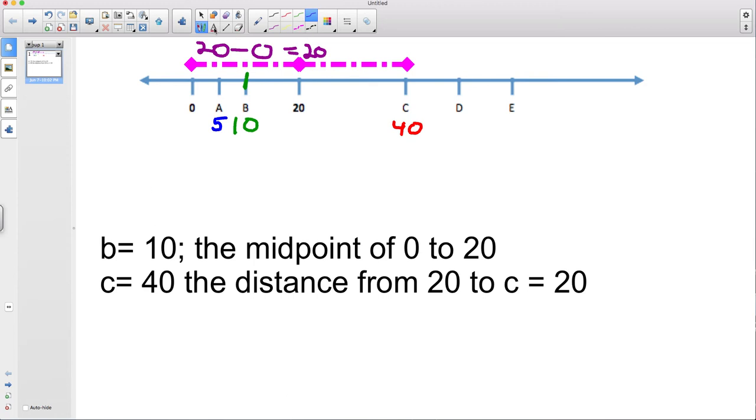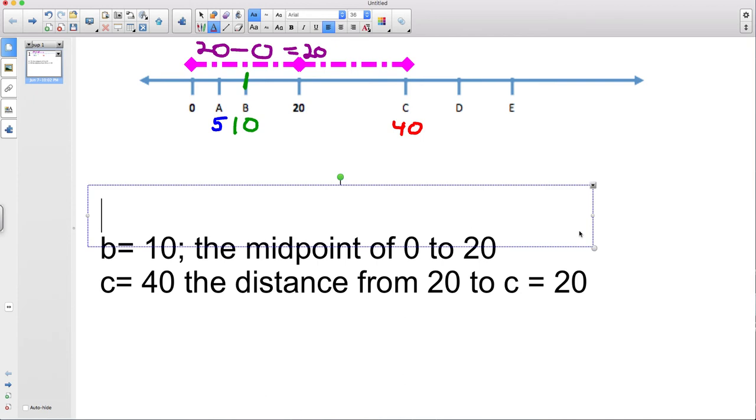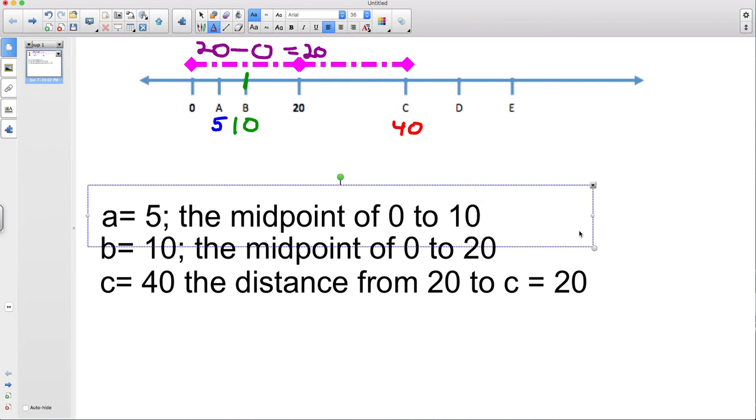I'm just going to stick with keeping it simple, and I'm going to call point A the midpoint of 0 and B. Now what's important is that you would have had to have found B first. Like I said, it doesn't matter which order you do these in. And we'll call that the midpoint of 0 to 10.